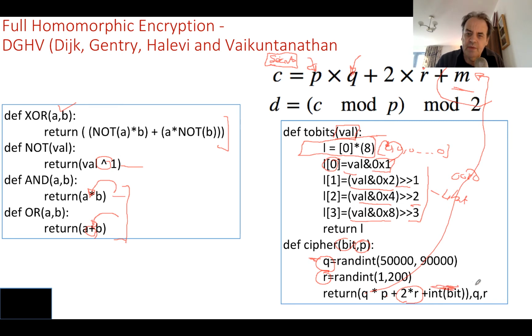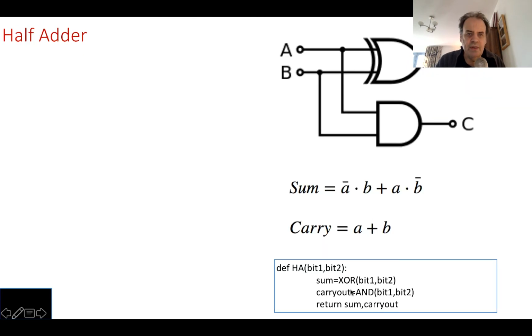And if we want, in Python we can also return back the values of Q and R if we need to use them, but we can discard them because they're not used anymore. They are really just there to provide us with some noise. We'll look at our code in a little minute.